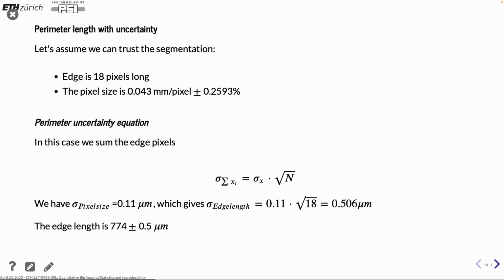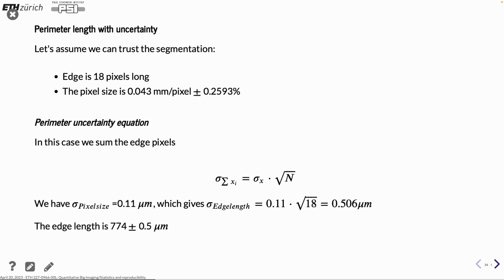The propagation of the uncertainty is: we have our edge, which is 18 pixels long. We have our pixel size uncertainty, and the derivation of how I came to this is in the notes, so you can look it up if you like. But in principle, it's the uncertainty of the pixel size times the square root of the number of pixels.